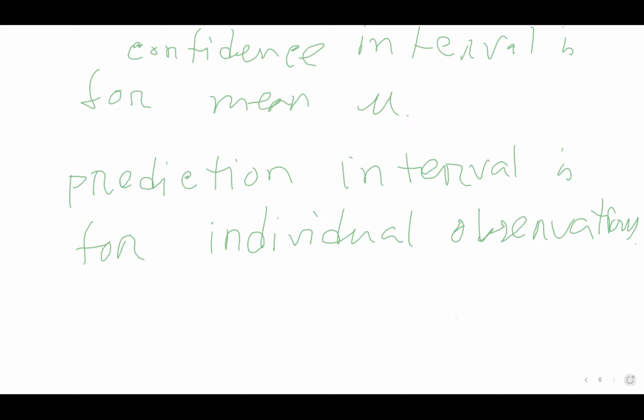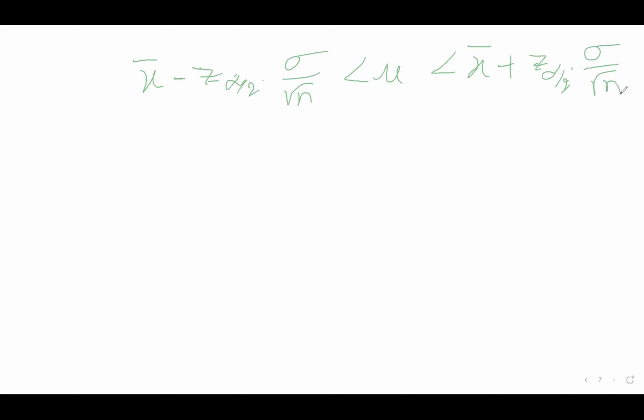Since confidence intervals and prediction intervals are different, the formula is also different. So what is the formula for the confidence interval? The formula for the confidence interval for the mean is x bar minus, if we use z, then z alpha over 2 times sigma over the square root of n, less than mu, less than x bar plus z alpha over 2 times sigma over the square root of n.